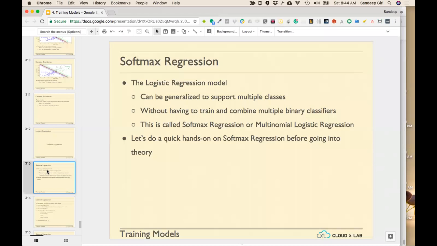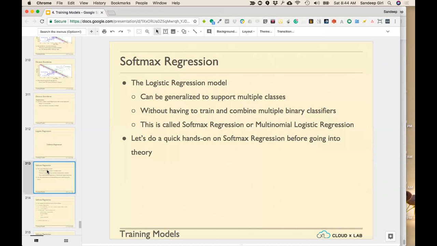Let me step back and discuss what we had already discussed. When we were classifying handwritten digits, you were classifying them into multiple buckets. And how did we do that? By using classification multiple times.